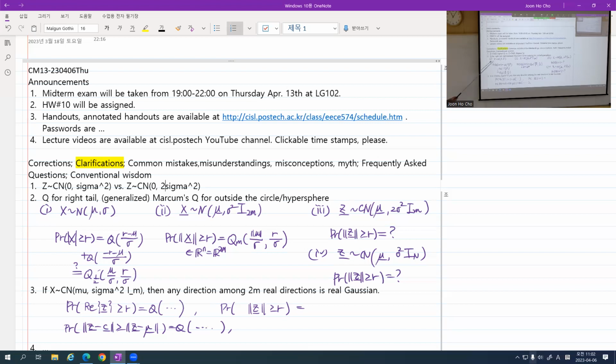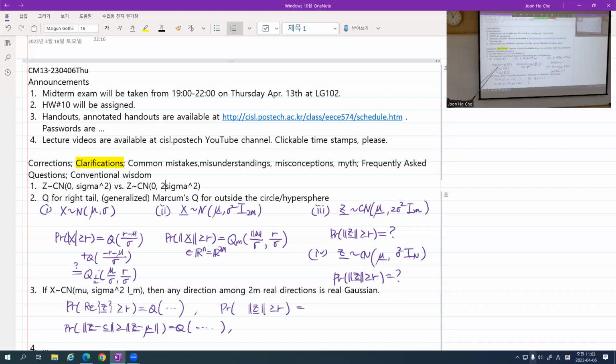So let's see. First, I define the Q function for the right tail probability given a real Gaussian random variable. Let's think about the probability of the event that the absolute value of x, a real Gaussian, because this is n, not Cn, is greater than or equal to r.